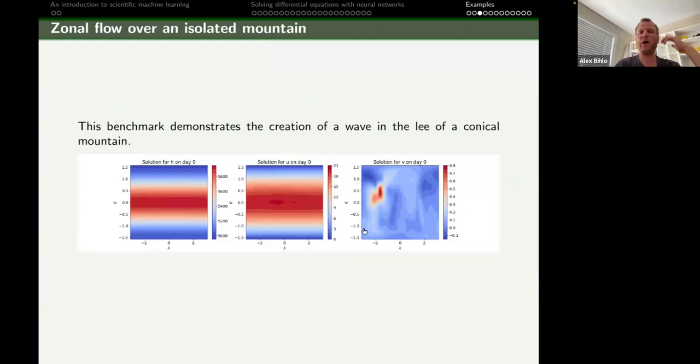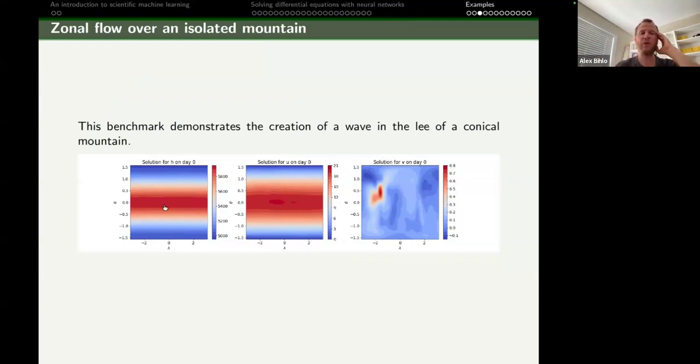And then just to show you how this looks, just to show a few of the standard benchmarks. This is one of the benchmarks that people usually care about. You begin with, basically, this is the water height, and this is the U, V component of the solution. What you begin with is a zonal flow, so basically a flow west to east around the Earth.